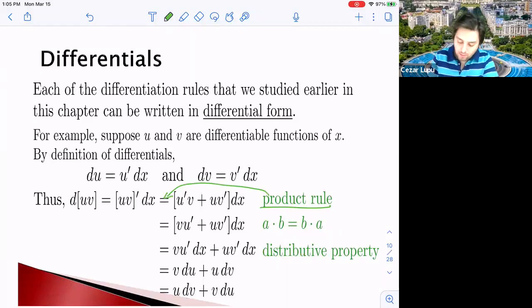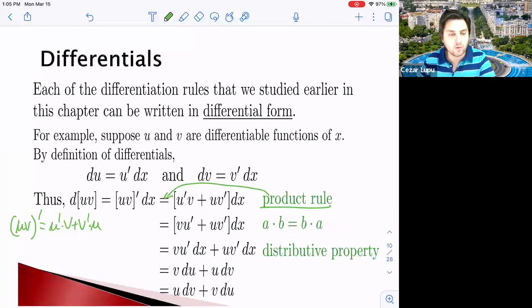Let me recall that (uv) prime is u prime v plus v prime u. So d(uv) is u prime v plus u v prime, times dx. And now we know that these two commute. So this is nothing else than just v u prime plus u v prime, times dx.